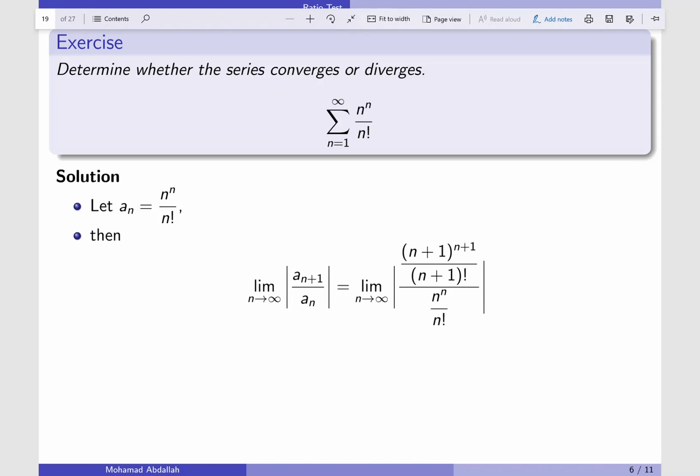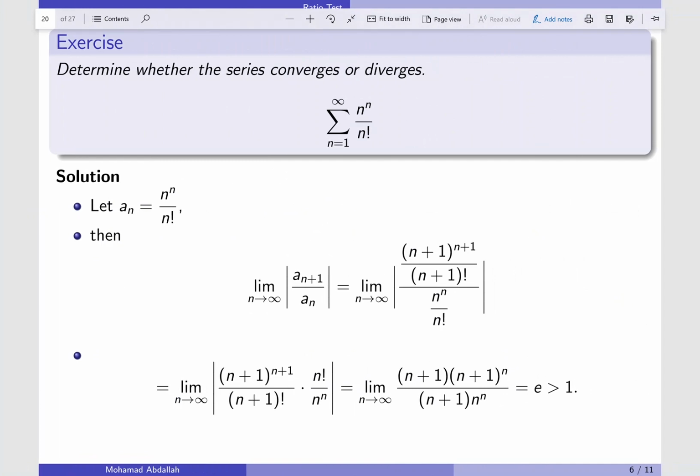We take the limit when n goes to infinity of a_(n+1) over a_n. We write everything like we used to do in the previous two examples. Then I will just write these fractions. As you can see, I'm dividing, so it's like fractions, so multiplying by the reciprocal. Similarly here, look at that one.